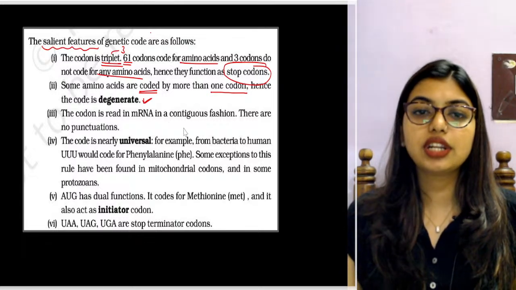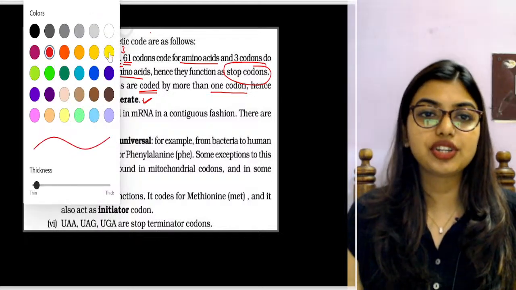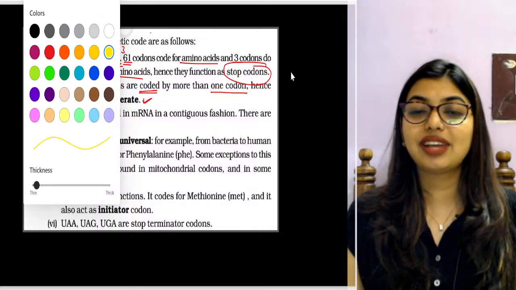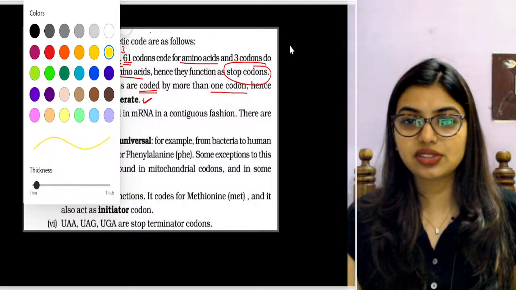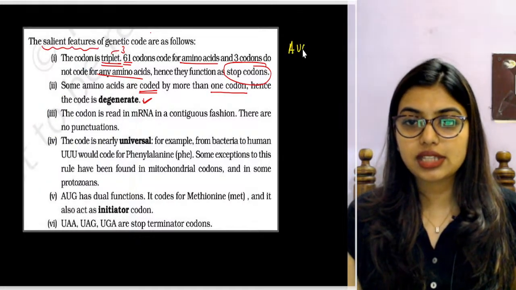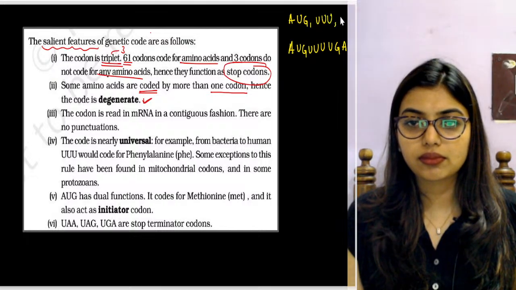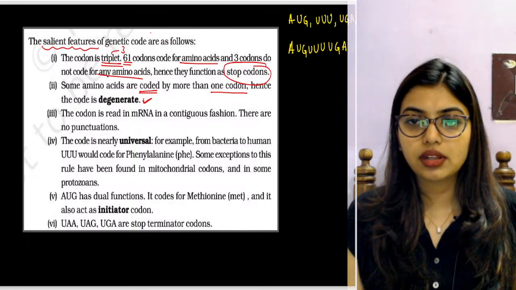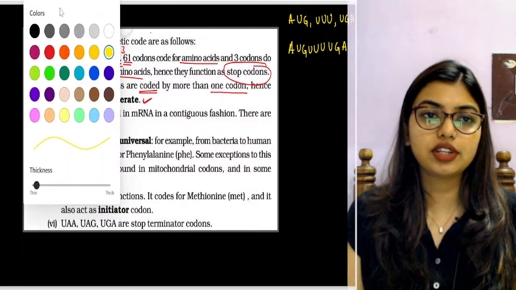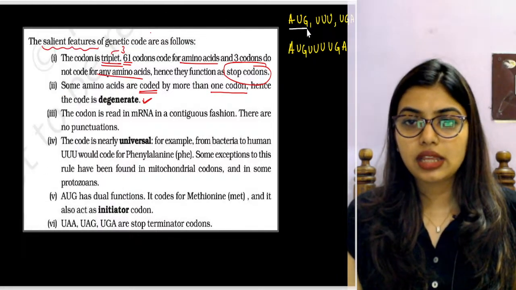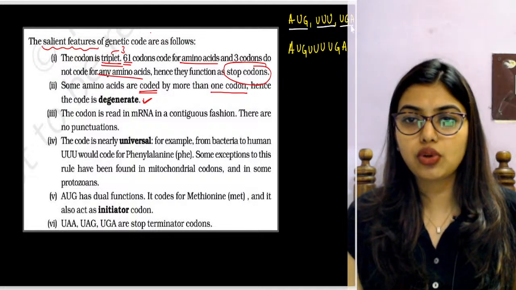The codon is read in mRNA in a contiguous fashion. I just finished human health and diseases, so those words are coming for me. Let's say AUG, UUU, UGA. Now I've written it in 2 patterns. Look at this pattern: AUG, comma, UUU, comma, UGA.